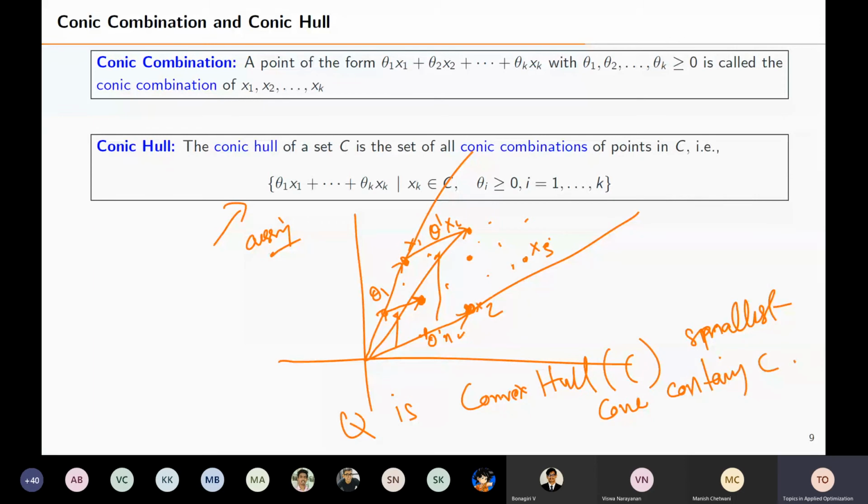Convex hull is a cone, that's clear, right? I mean not convex hull, I mean conic hull, okay? So is the conic hull of C the smallest cone containing C?